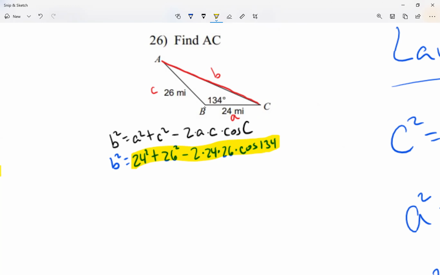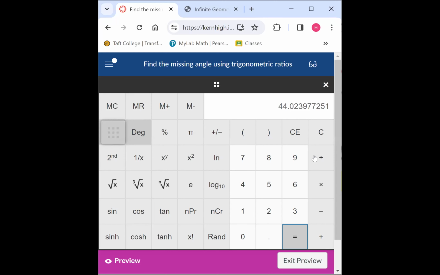So let me bring my calculator. Let me clear this thing out. And I know I have 24 squared plus 26 squared minus 2 times 24 times 26 times cosine of 134.